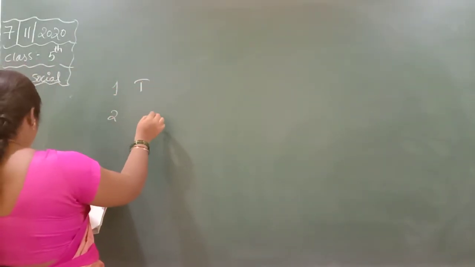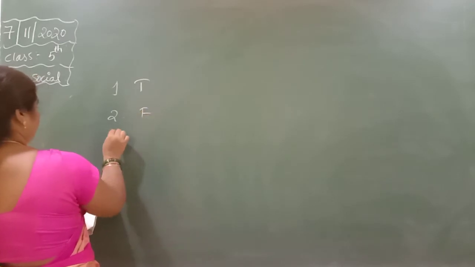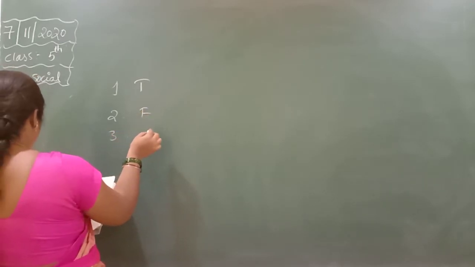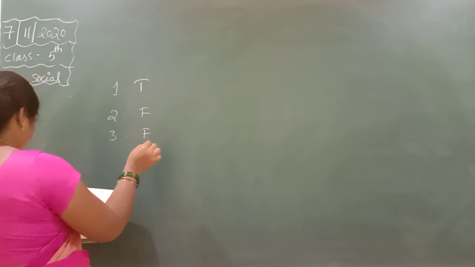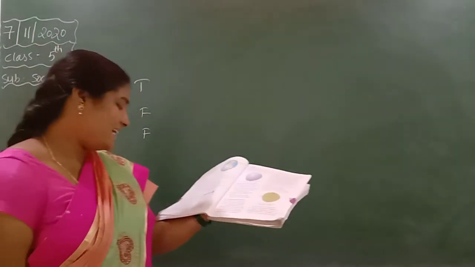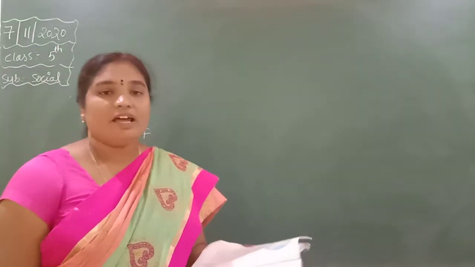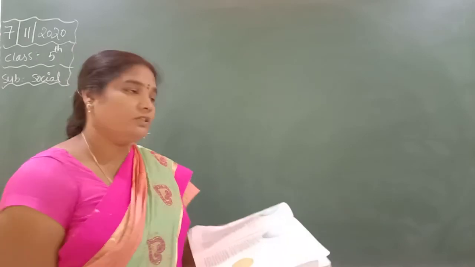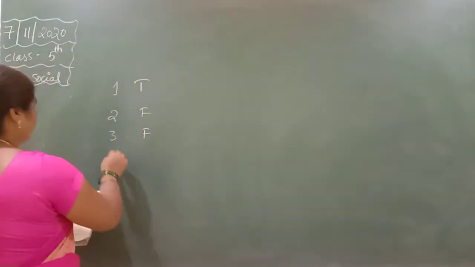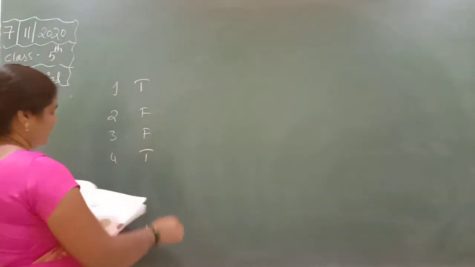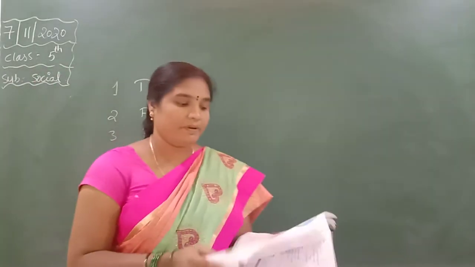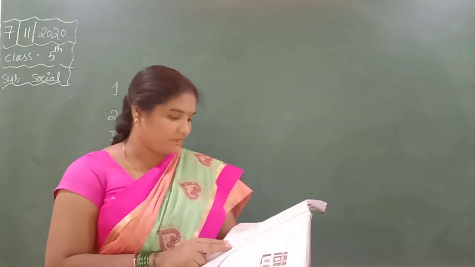Second one, false. Third one, false. The Tropic of Cancer lies in the northern hemisphere. Yes, it is true. Next, turn the page and we will go for the next bit.